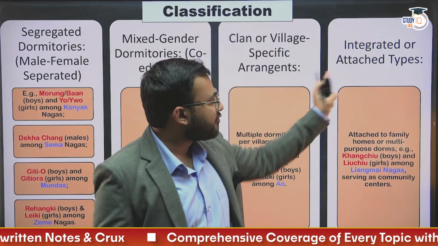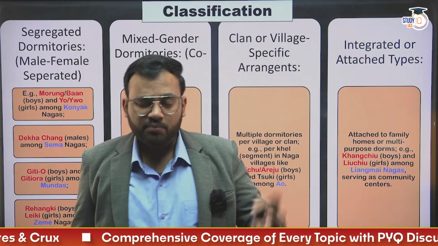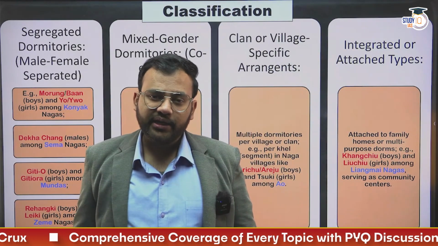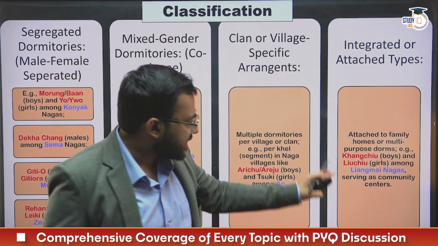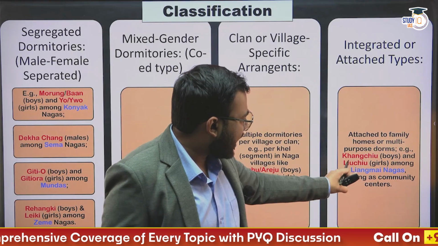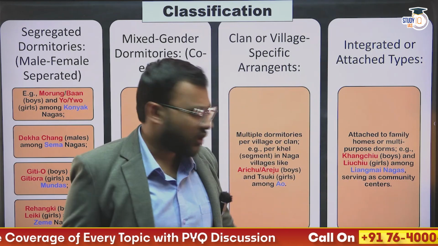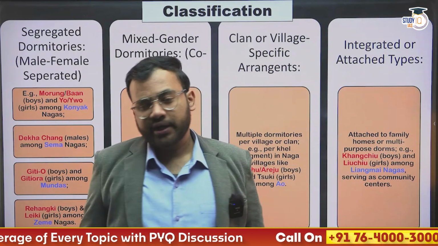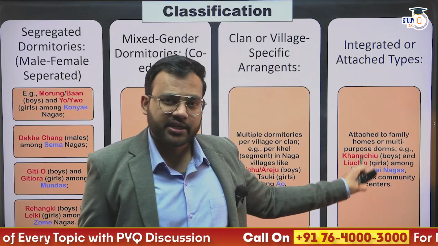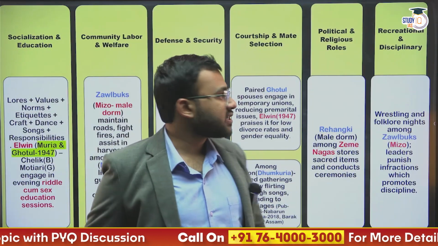Okay? So these types of youth dormitories which are attached to homes or are multi-purpose units are called attached or integrated types. For example, Khangchui among the boys and Liuchu among the girls is seen among a group of Nagas called Liangmai. Among the Liangmai Nagas, this arrangement is observed by the scholars. I hope this part is clear.